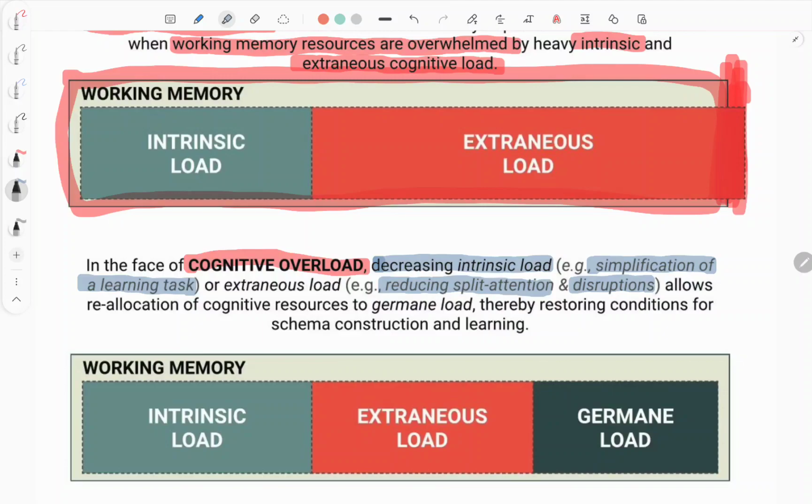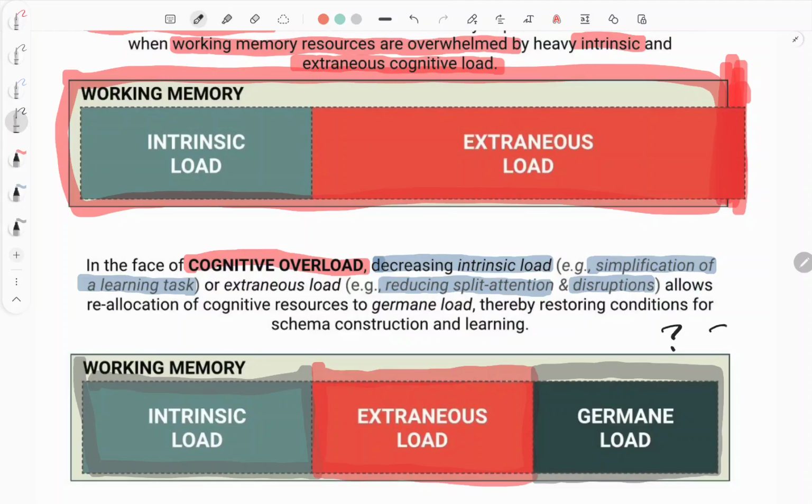Now, let's say you do have a situation where you get your intrinsic load nicely balanced over here, and on top of that you make sure that your extraneous load isn't so heavy. The stuff that you've put in is actually only taking up some of the student's time, and it's effective and it's working well. Well, what does that do? That opens up the wonderful, fantastic space for your germane load, for the student to be thinking and engaging and asking questions about what's actually going on in a way which makes sense, where they are, as I've said before, meaning making.